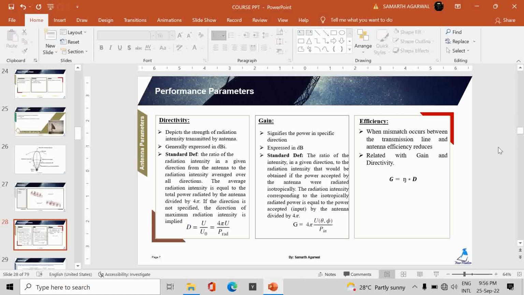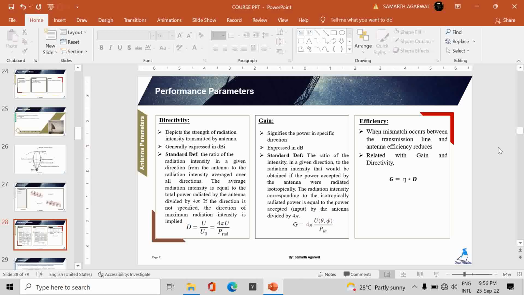The average radiation intensity is equal to the total power radiated by the antenna divided by 4 pi. So U divided by U naught, where U naught is nothing but the radiated power, P radiation, divided by 4 pi. If the direction is not specified, the direction of the maximum radiation intensity is applied.